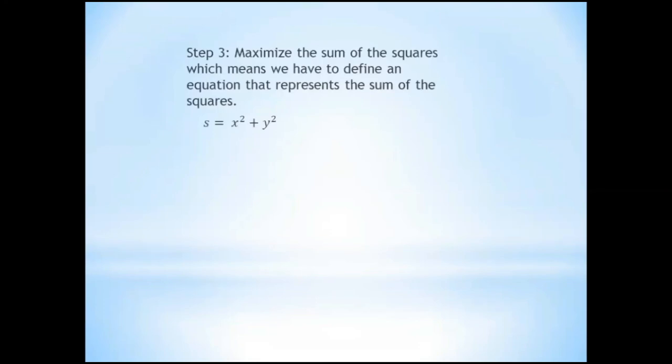Step 3. Maximize the sum of the squares, which means we have to define an equation that represents the sum of the squares. S = x² + y². S = x² + (5 - x)². S = x² + 25 - 10x + x². S = 2x² - 10x + 25.